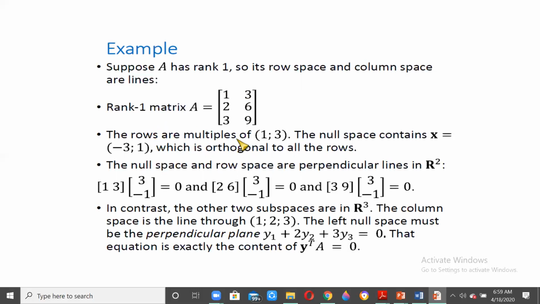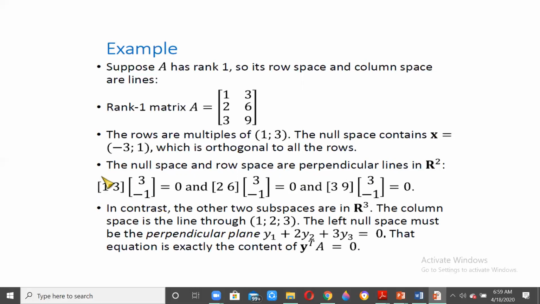So the rows are multiples of (1, 3). The null space contains x equal to (3, minus 1), because the row is (1, 3), and this will be perpendicular to (1, 3), which is orthogonal to all the rows. So the null space and the row space are perpendicular lines in R squared.